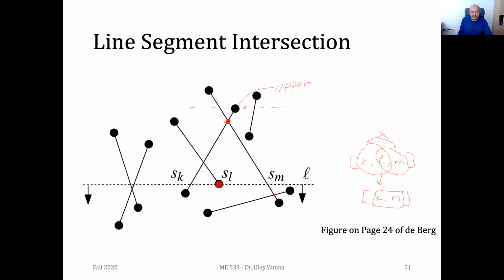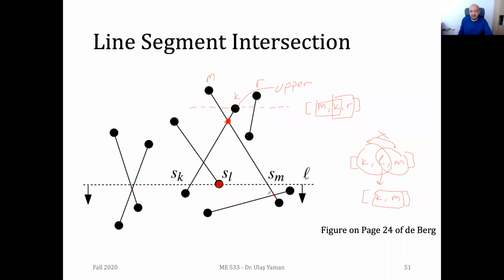And once we have this upper event point, let's say this one is M, this is K, and let's say that this is R. And at this event point, what is our status? M, K, and R. And as you see, they are neighbors, so they should have been checked earlier. And once you do this check, you should have completed this intersection point.